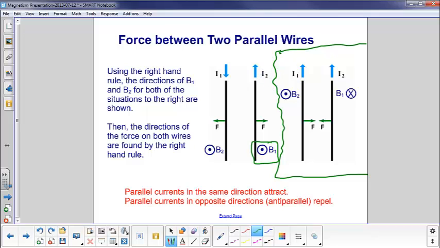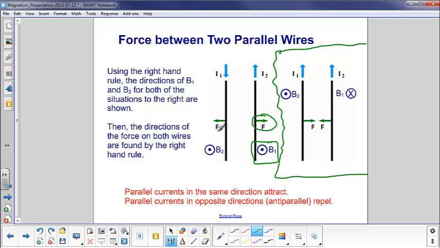So I use the right hand rule. I put my four fingers pointing up. In this case my palm is facing me because I'm going to curl my fingers towards me in the direction of B1, and you'll find that your thumb points to the right. So the force on I2 is to the right.